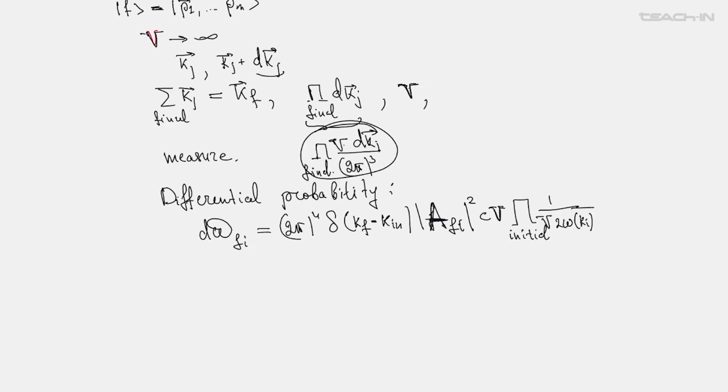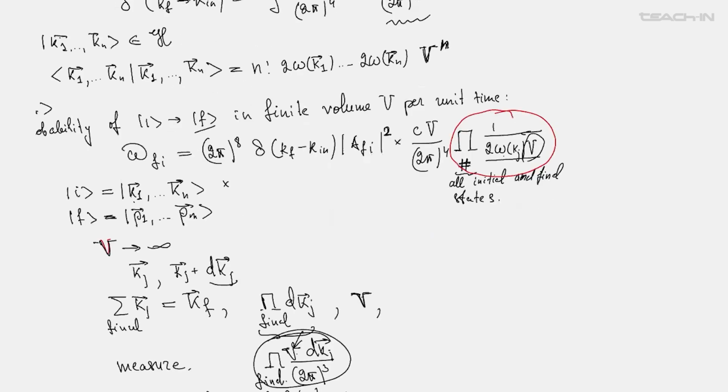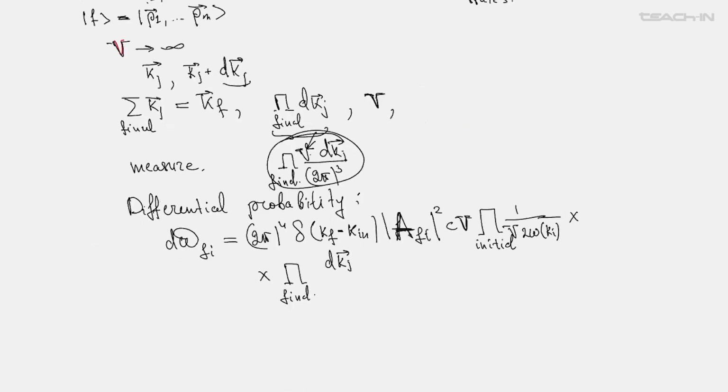For the initial states, 1 divided by V times 2 omega on Ki. And in the final states, because of the presence of this volume coming from the configuration space measure, the factors of V cancel with the factors of V which are coming from the final states. And therefore here you will be left with just dKj divided by 2 pi cubed times 2 omega on Kj.